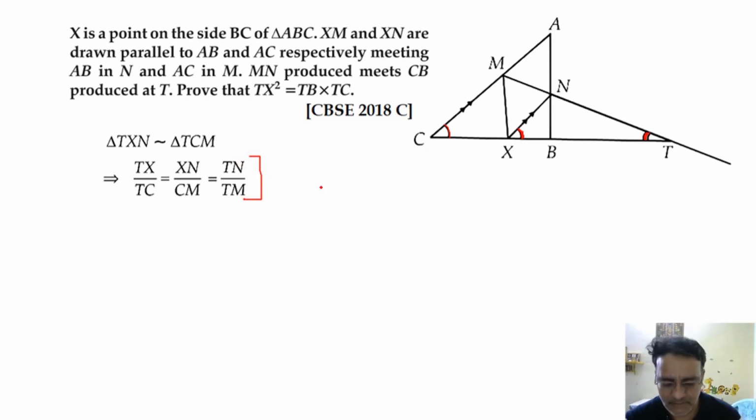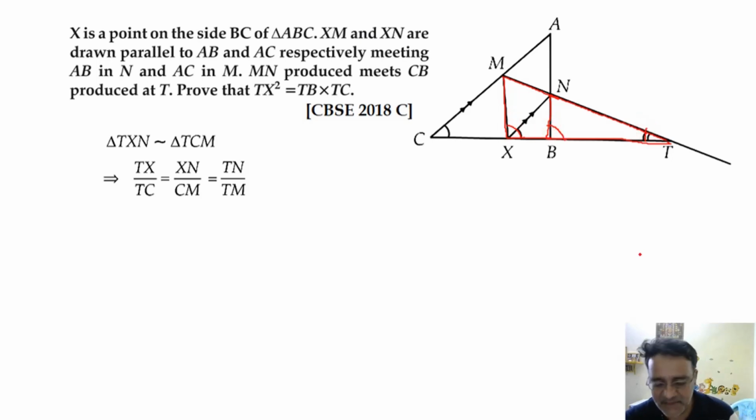Clear? Yes, sir. Okay. Now similarly one more triangle you can show. Which one? This one, TBN, and the second triangle is TXM. These two angles are equal, corresponding angles, and this is common.